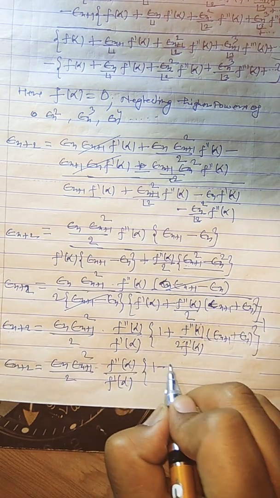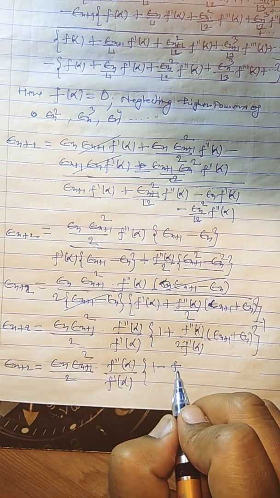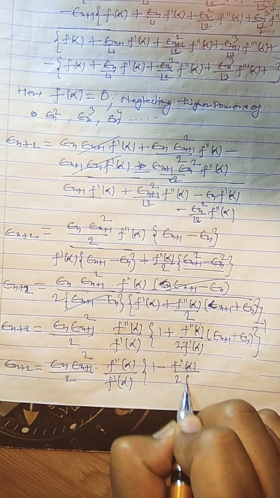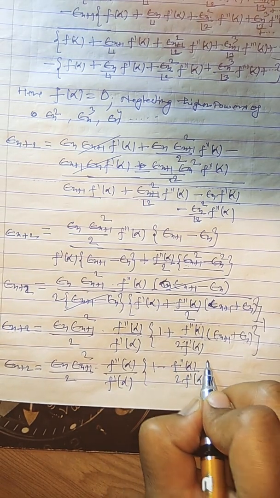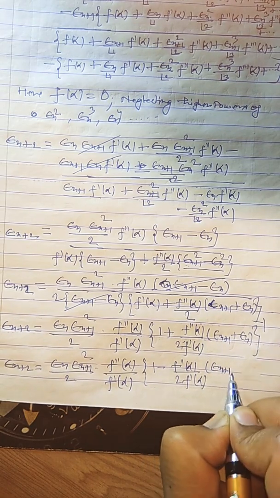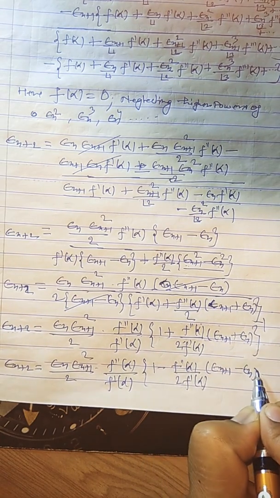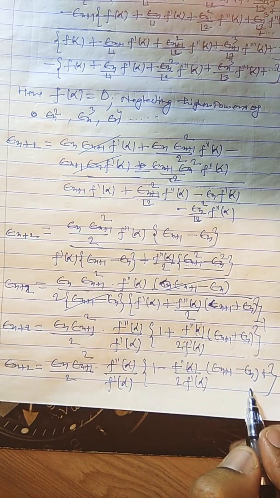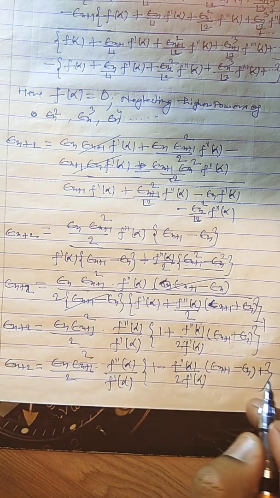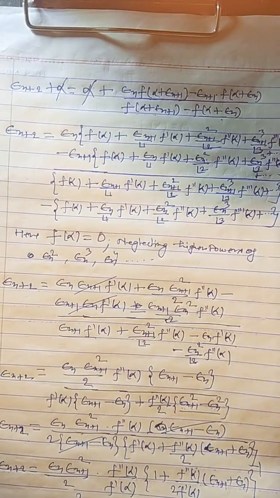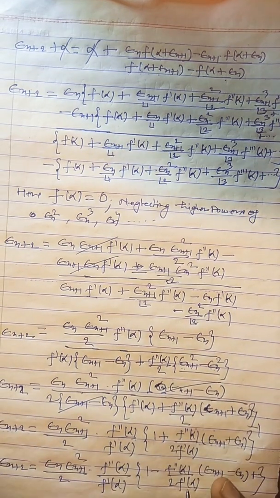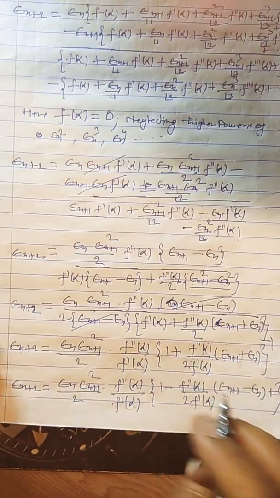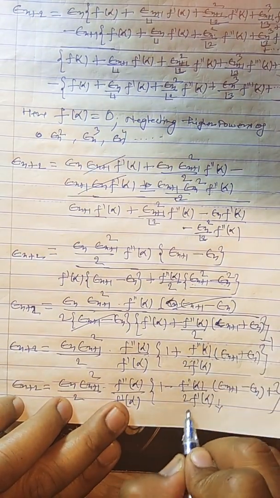Here we have the term 1 minus f double dash alpha upon 2 f dash alpha into epsilon n plus 1 minus epsilon n, and neglecting the higher terms. Okay, no need to write down all the terms, and also we will neglect this term also. Here we are neglecting this term, we are also neglecting this term.